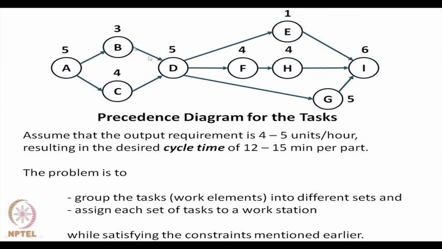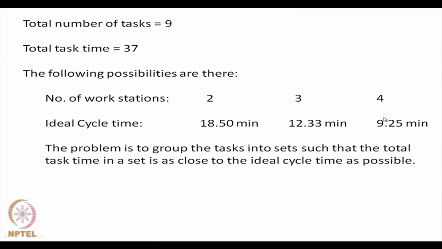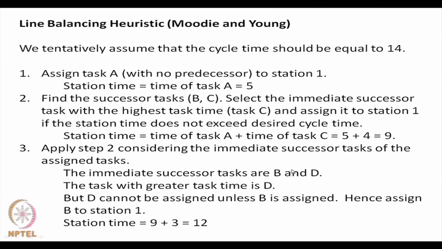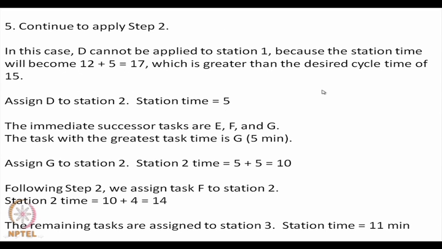Therefore, unless B is assigned, D cannot be assigned. Hence, B has to be assigned to workstation 1 according to this heuristic. Although D satisfies the criterion of the higher of the successor tasks, it cannot be assigned. Hence, assign B to station 1 and the station time becomes 12. We are interested in the cycle time between 12 and 15 and we are suggesting that it should be 14.